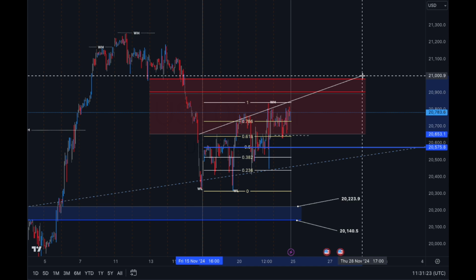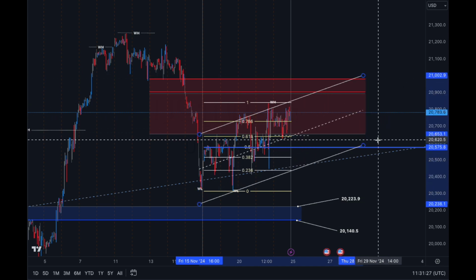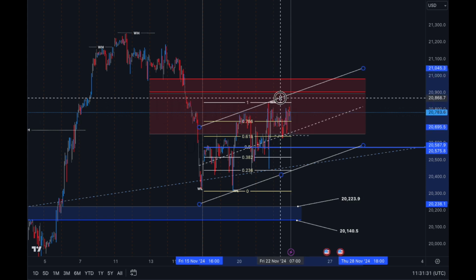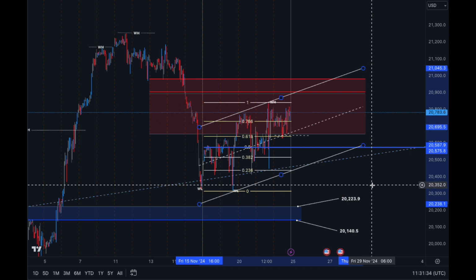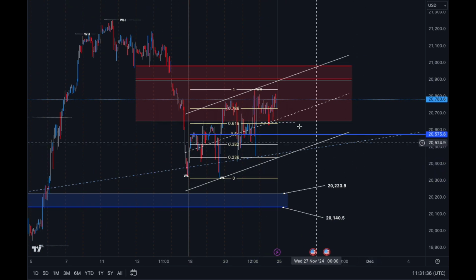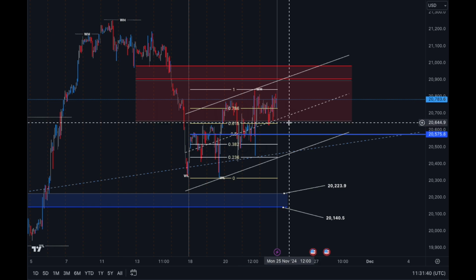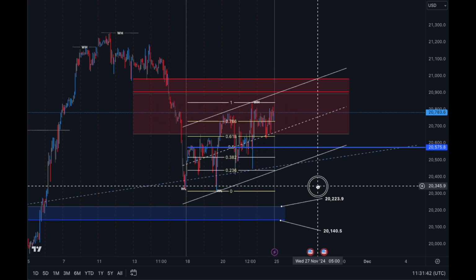I'm just going to draw it up to the current FVG zone. Okay, let's just do it like this. Yep, much better. So as it stands, this is how we need to have everything prepared in terms of what we need to be mindful of as we move forward.